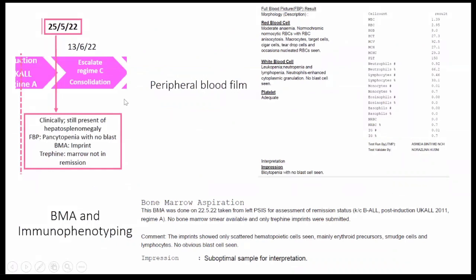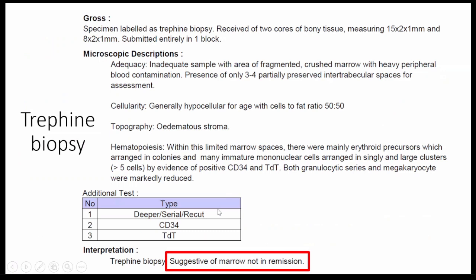Post-induction, clinically the patient was still not in remission. Based on the blood film, there was bicytopenia with no blast cells, and the marrow was also suboptimal for interpretation. Following trephine, we concluded that the marrow was not in remission as there were large clusters of CD34 and TdT cells, more than 5 cells.